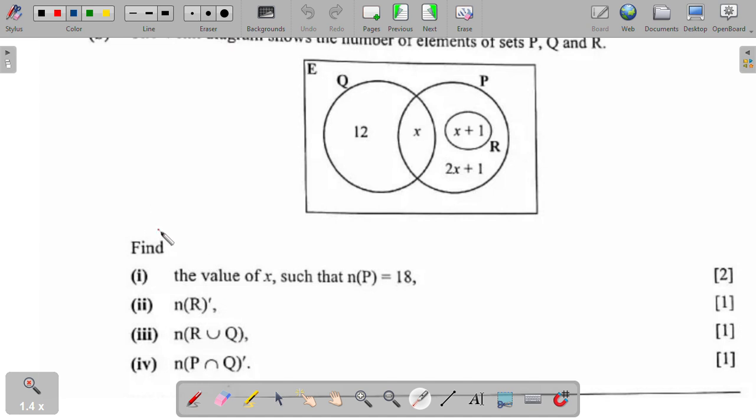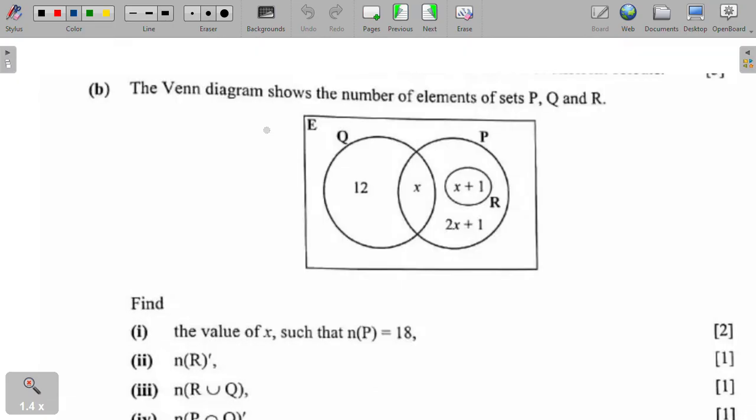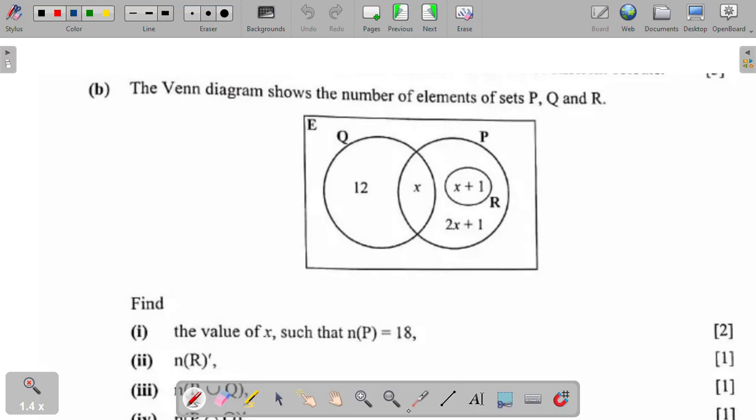Before we start solving this question, I want you to understand the Venn diagram here: Q, P, and then the universal set.